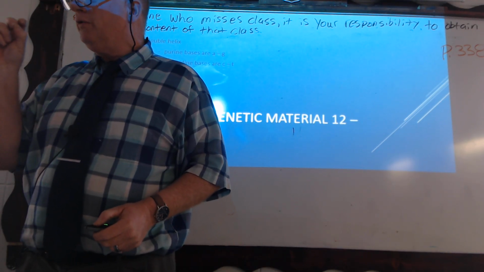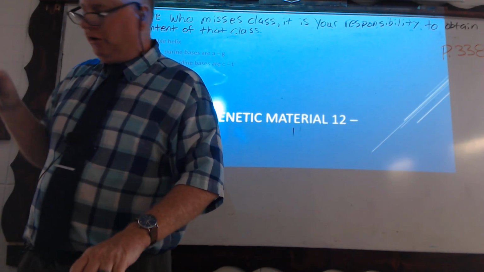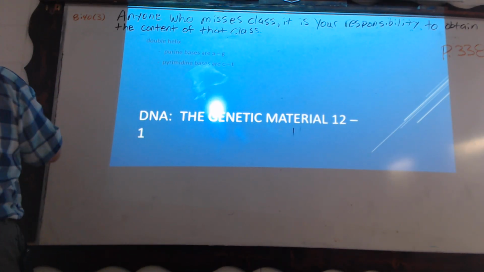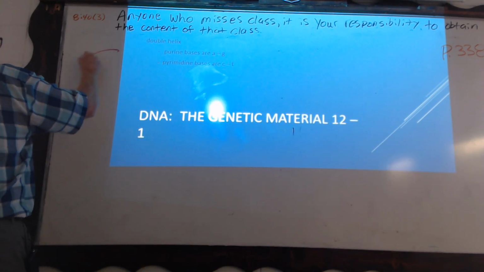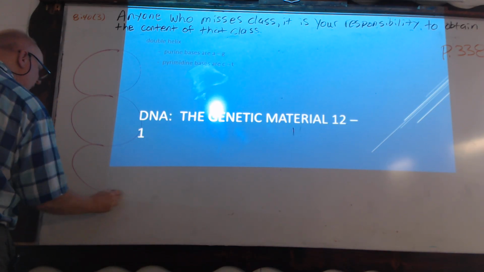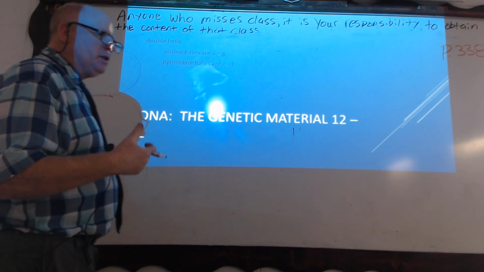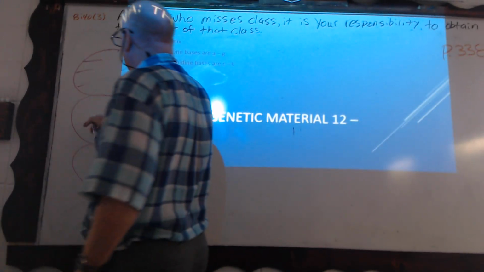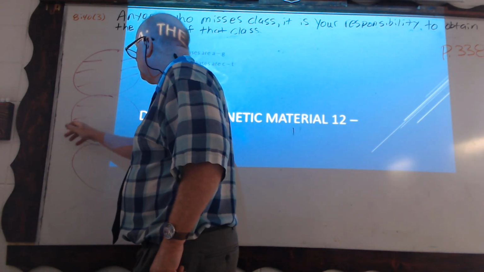How would you know that this was a strand of DNA, other than us telling you? It had 3 circles on here. What's the biggest reason we would know this was a molecule of DNA? Here's your clue right here.